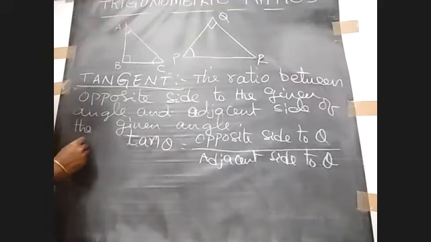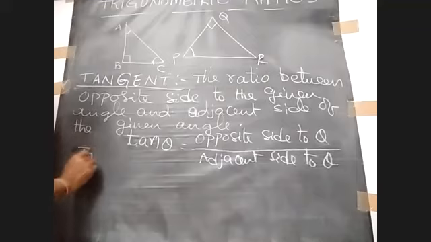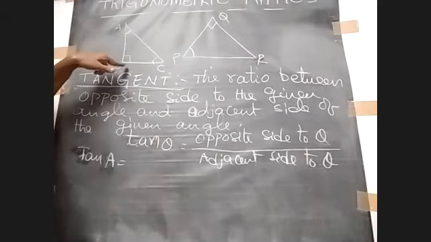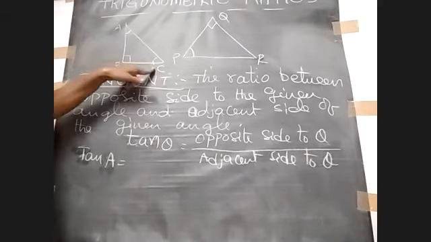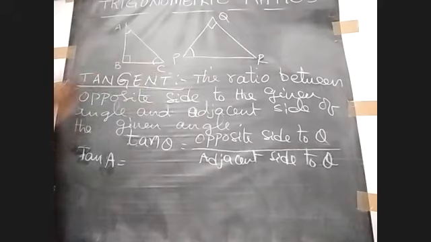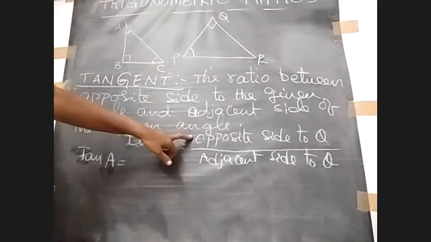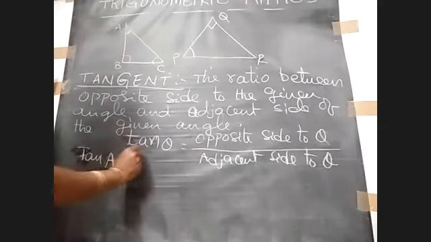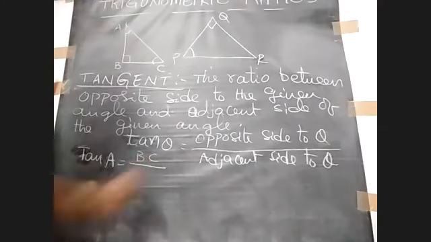Can anyone tell me the ratio for tan A? BC by AB, ma'am. BC is the opposite side, so BC by AB.